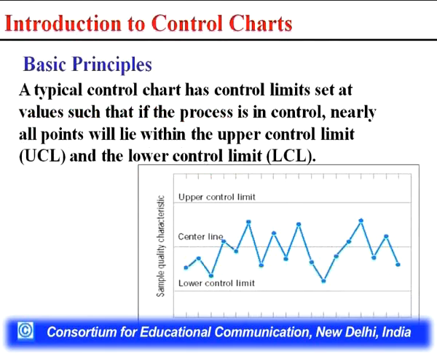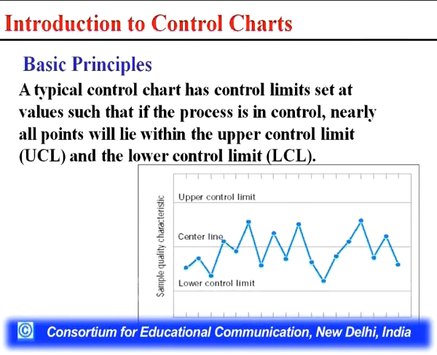Basic principles of a control chart. This figure shows a typical control chart. What all features are there in the control chart we are going to discuss right now. A typical control chart has control limits set at values such that if the process is in control, nearly all points will lie within the upper control limit and the lower control limit.